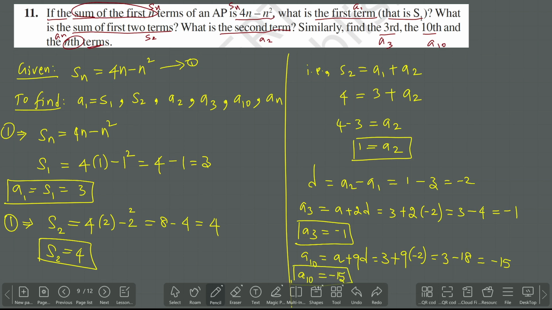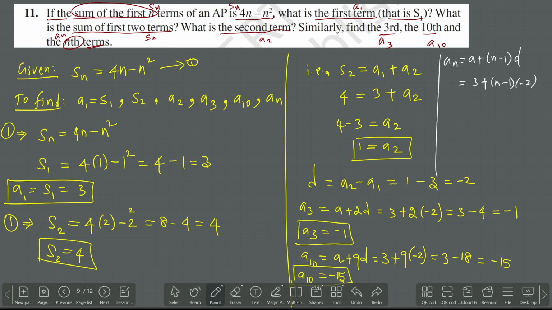Next, what do I want to find? An. Here I am finding An. What is the formula? A plus n minus 1 into D. A value I know, 3 plus n minus 1. They ask the general form, so don't apply the n value. D value minus 2.